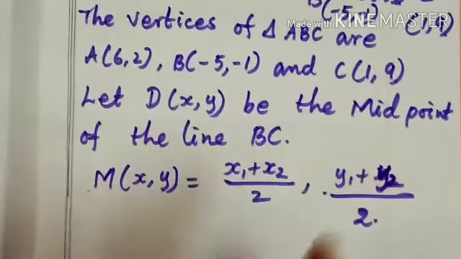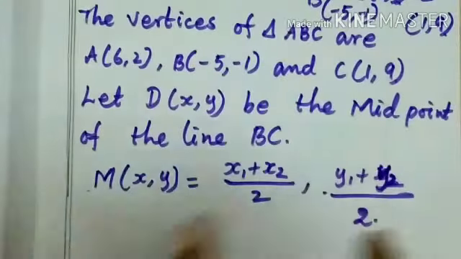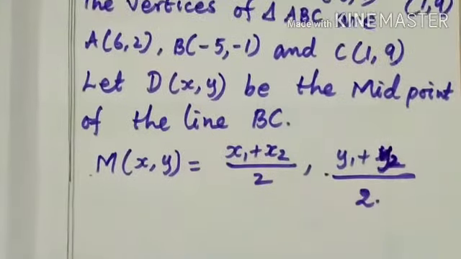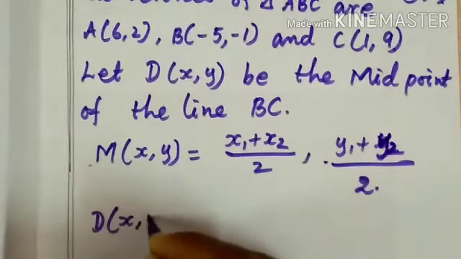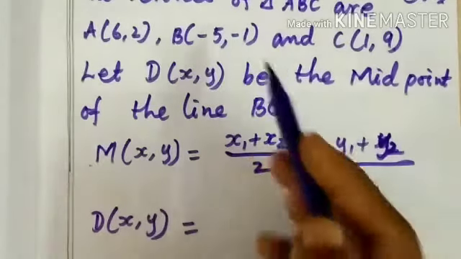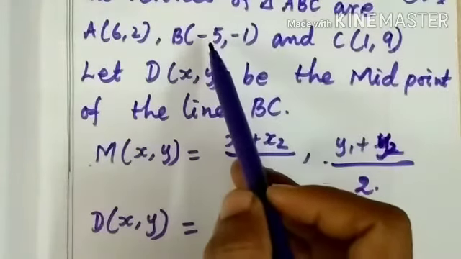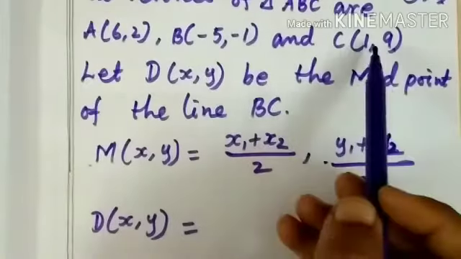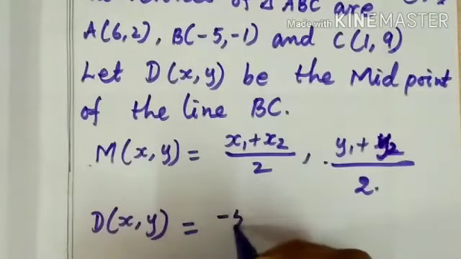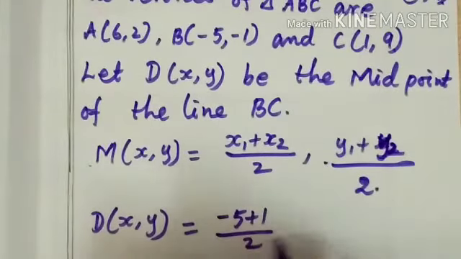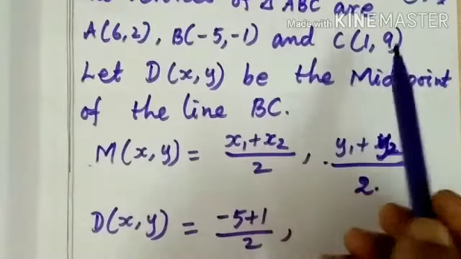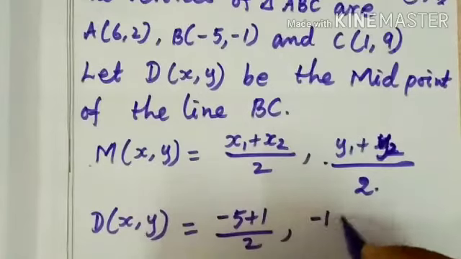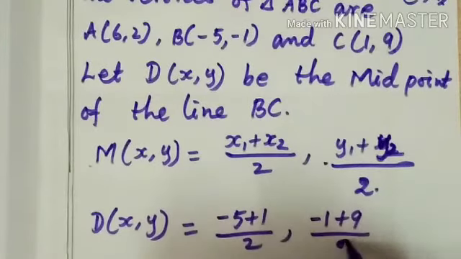Now you have to apply these points in this formula, and we get the point D. That is D(x, y) is equal to (x1 plus x2), x1 is -5, x2 is 1, so (-5 plus 1) by 2, (y1 plus y2), y1 is -1, y2 is 9, so (-1 plus 9) by 2.